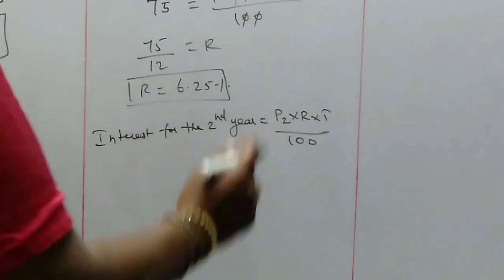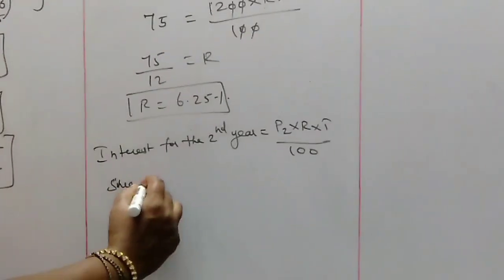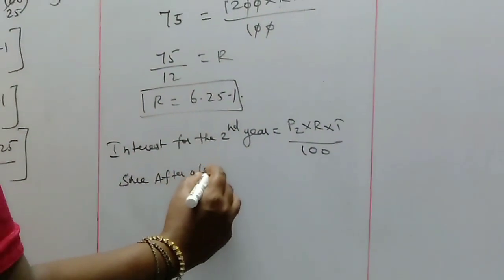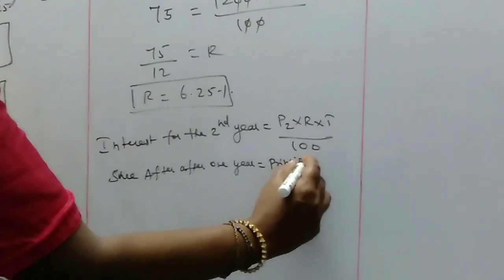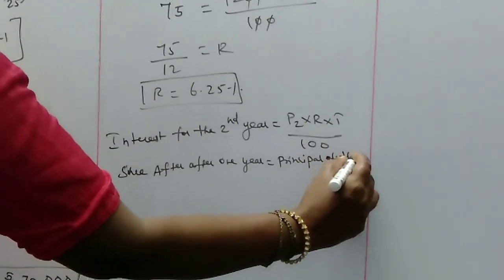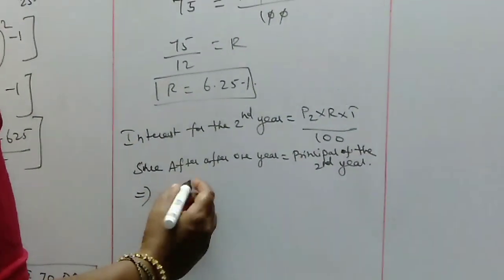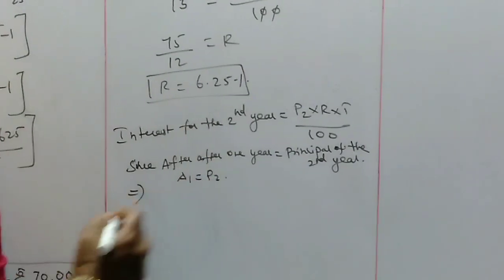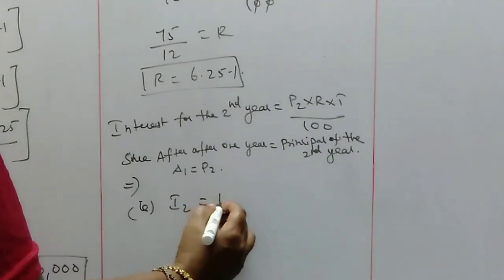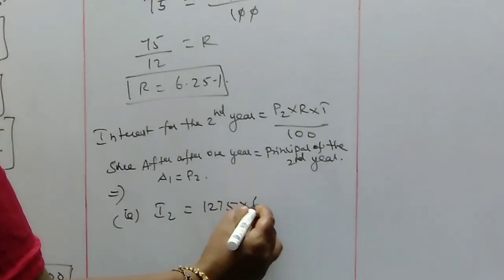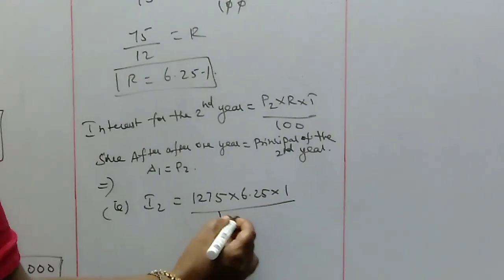Already the amount of the first year is given in the question. Since the amount after 1 year equals the principal of the second year, A1 equals P2. So I2 is equal to 1275 into the rate of interest 6.25 into the time period 1 by 100.